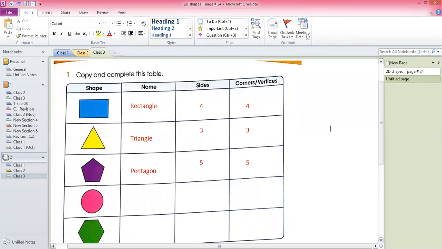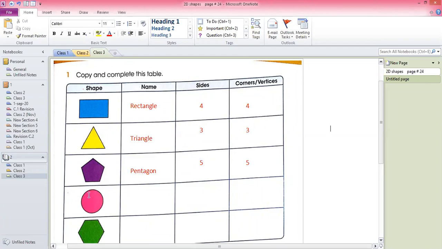This is a circle. Oh, we missed it. We missed the circle in the 2D shapes. We missed it in the notebook. This shape is known as a circle. And it has one side which is curved.